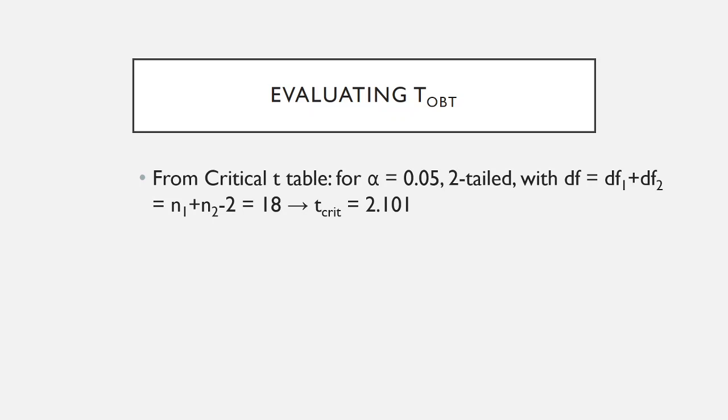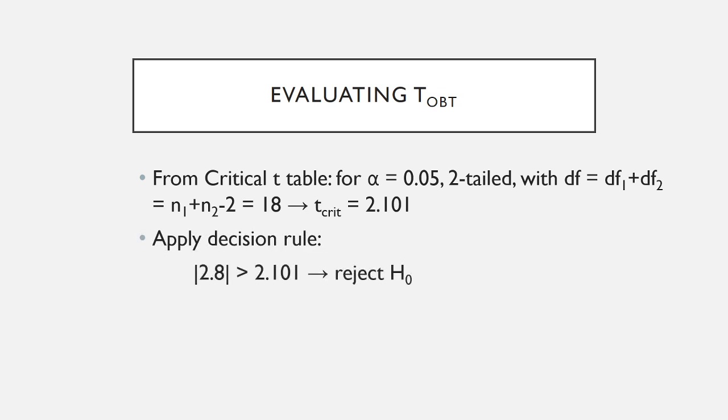Okay, so in this case, the critical t for data that looks like this with this sample size for an alpha value of 0.05 is going to be 2.101. The application of the decision rule is, again, does my obtained t statistic exceed the critical t cutoff? Again, for this, you can use the absolute value of your obtained t because the sign of the t ultimately doesn't really have much meaning.